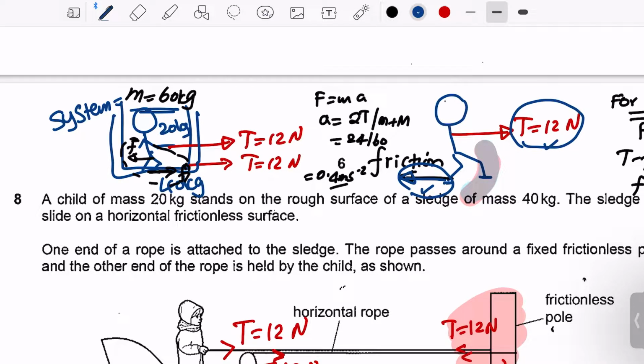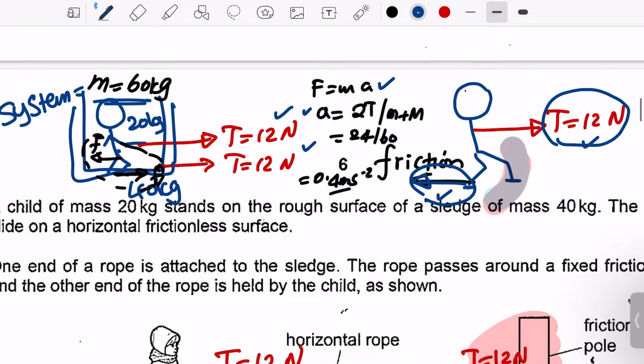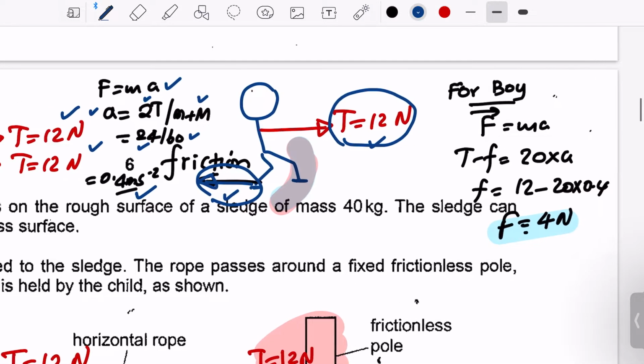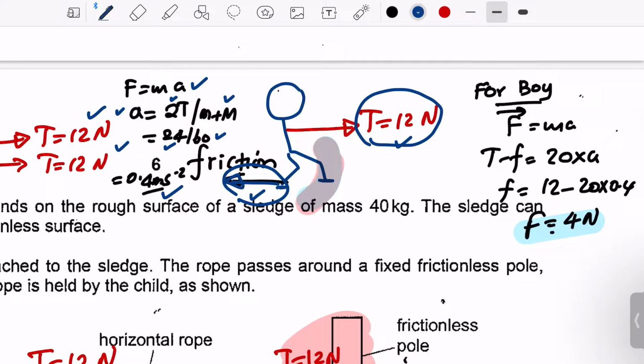So the two tensions act, one on the child, one on the sledge. These are the two forces, and so we can write F equals ma. Acceleration is force divided by mass. Total mass is 60, total tension is 24, acceleration is 0.4. Now you can use this for the boy. For the boy, I write F equals ma. Forward force is tension, backward force is friction, and m is the mass of the child, 20, times acceleration.